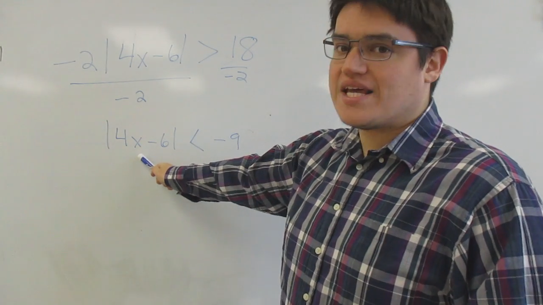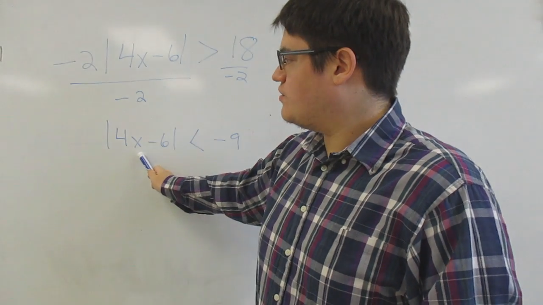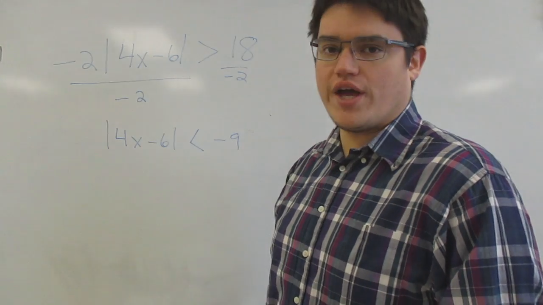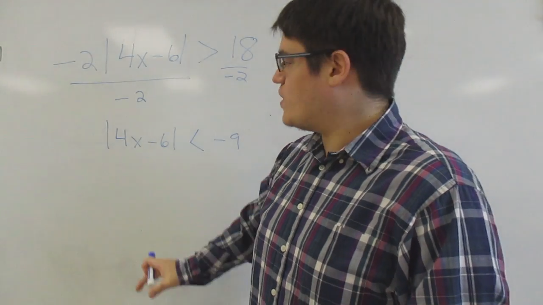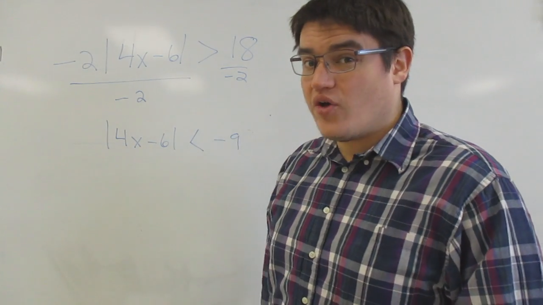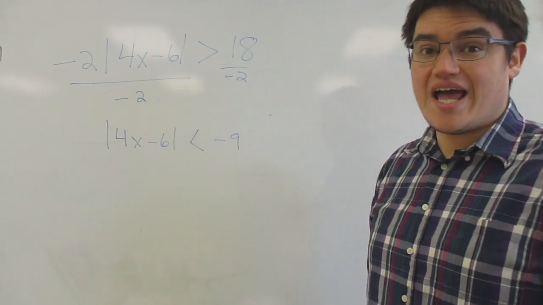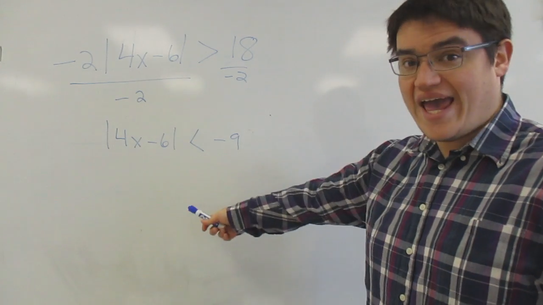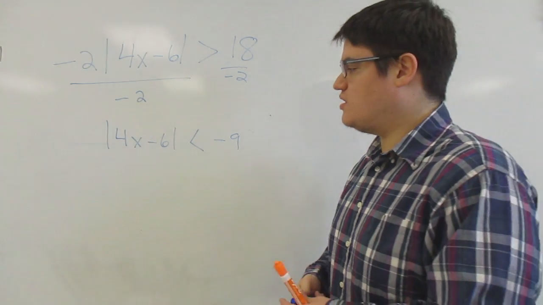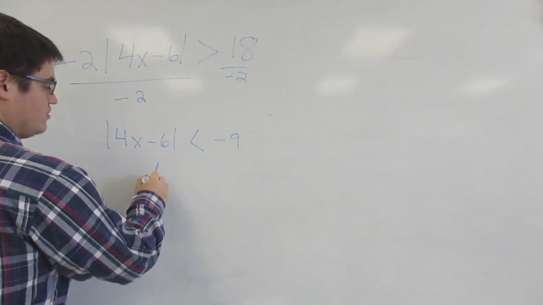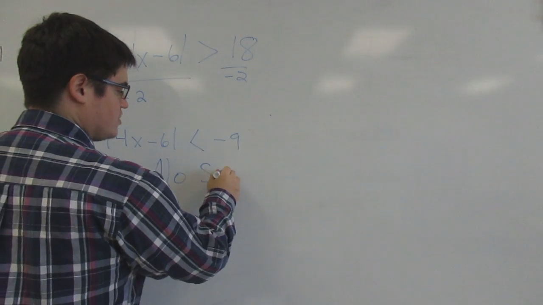There is no x that you could put in here that would make this whole thing come out negative, because we are taking the absolute value. We can't. So there's no way this could happen. So our answer is no solution.